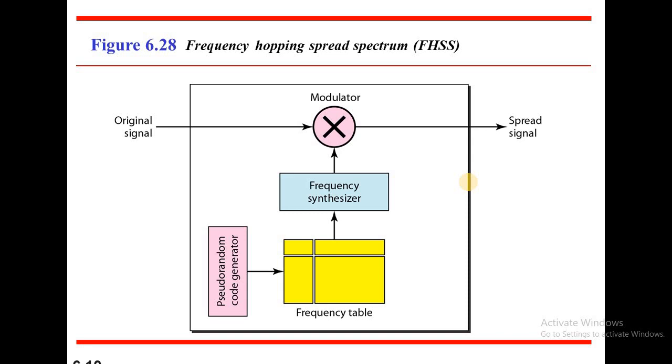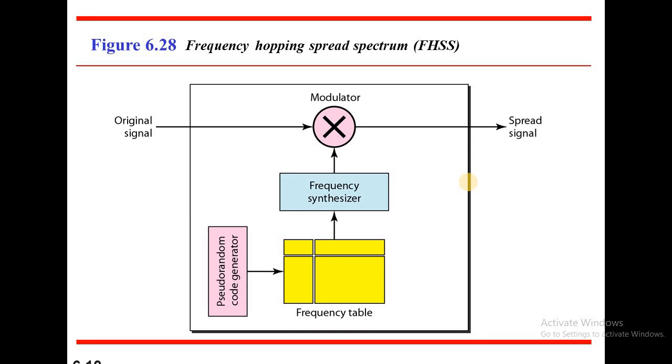At each successive interval, a new carrier frequency is selected. This frequency is then modulated by the signal produced from the initial modulator to produce a new signal with the same shape. On reception, the spread spectrum signal is demodulated using the same sequence.